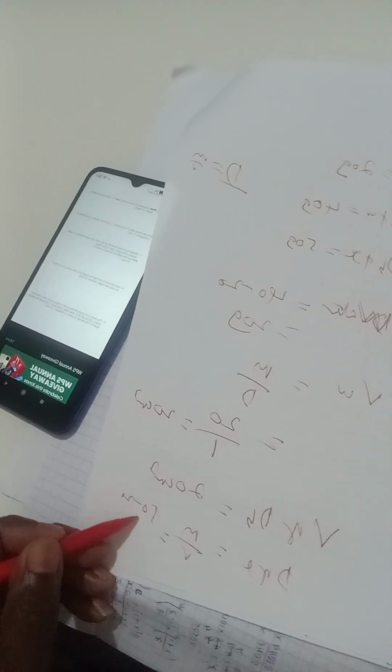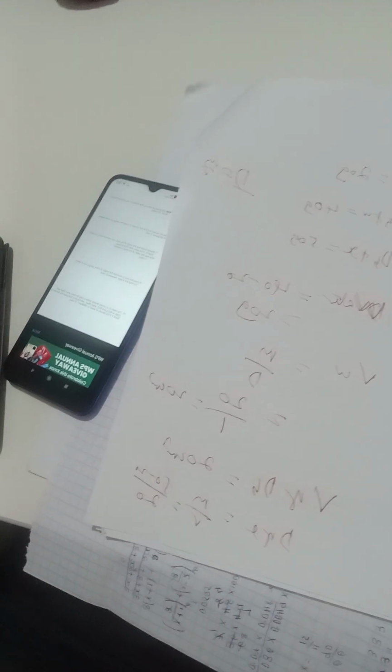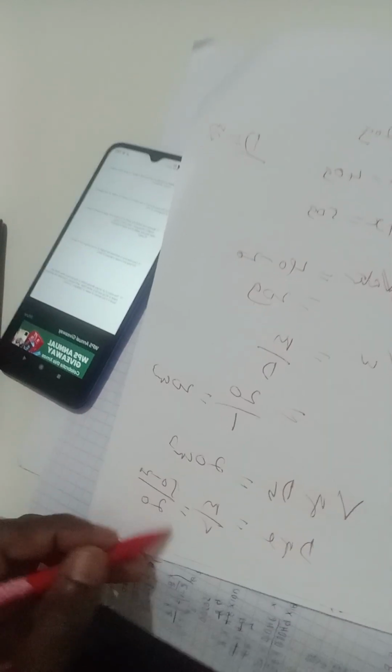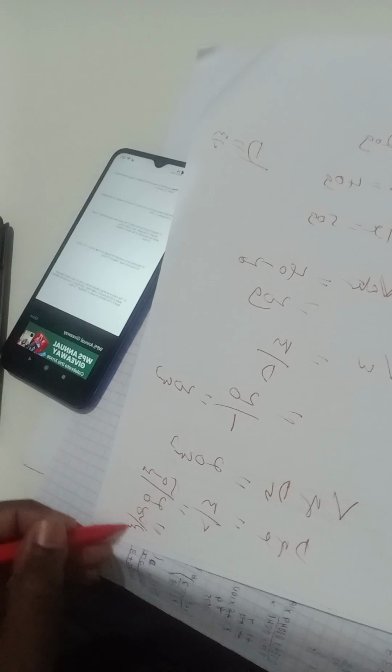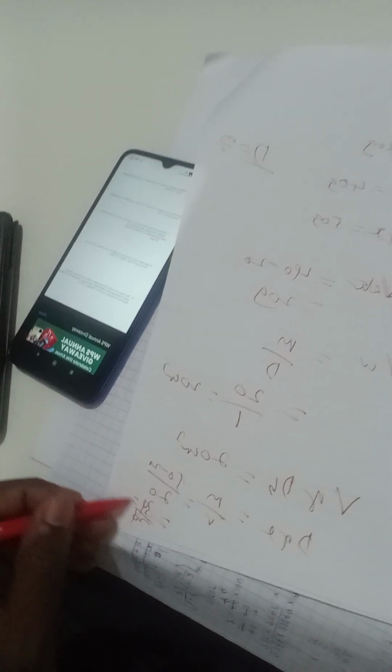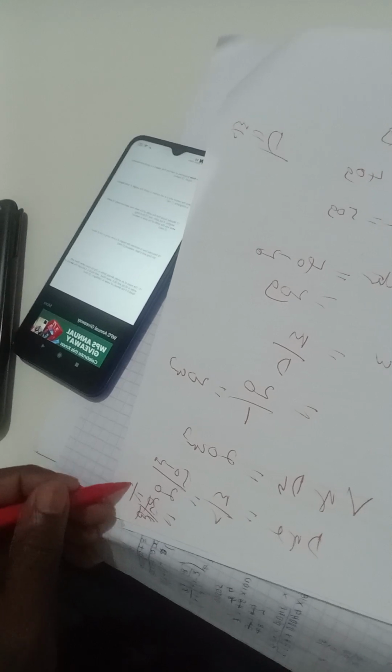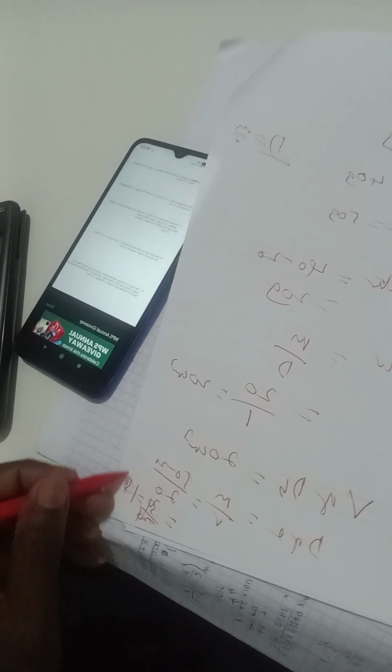Mass of X is 50 minus 20, over volume, that is 20, because the same volume that the water is occupying will be the same volume that the liquid X will also occupy. It will be 30 over 20, which is the same as 1.5 gram per centimeter cubed.